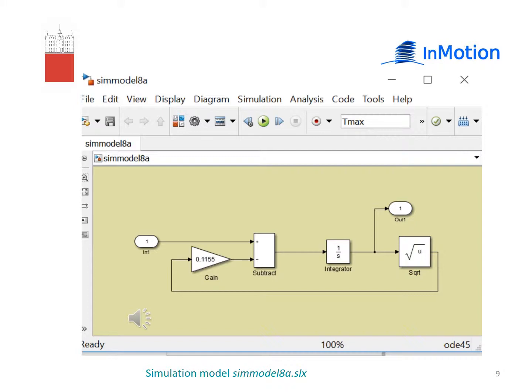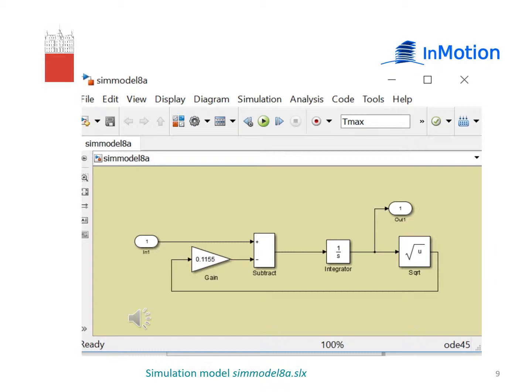For the linearization purposes, the simulation scheme SimModel8A was generated from the previously presented SimModel8, so that the generators of input and time signals as well as all To Workspace blocks were deleted first.